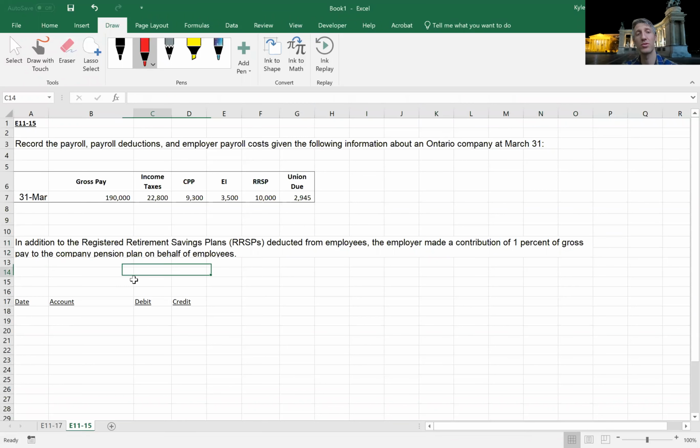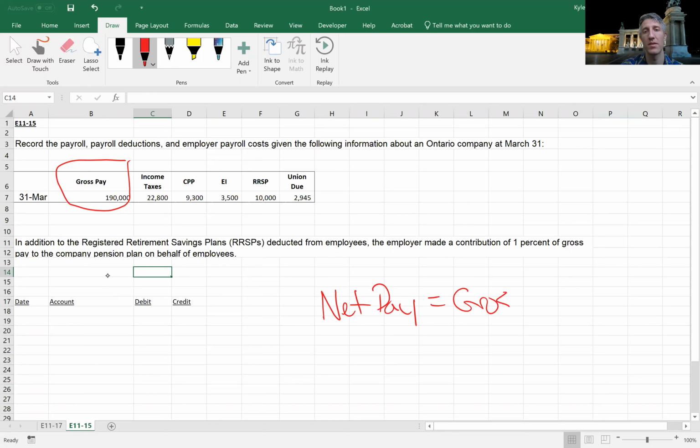Okay, so just to start this, let's do a little reminder about the difference between gross pay and net pay. Gross pay, of course, is the employer's payroll cost, the salary expense or the wages expense, but net pay is different. Net pay equals gross pay minus deductions.